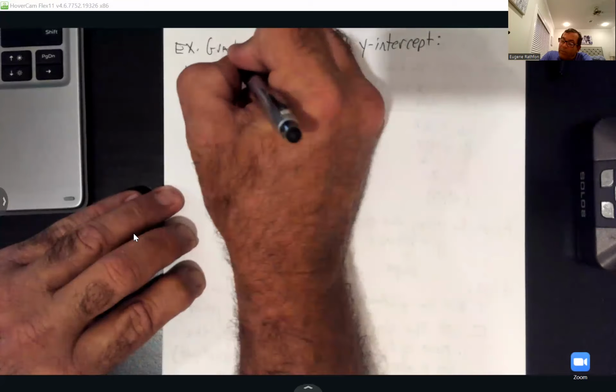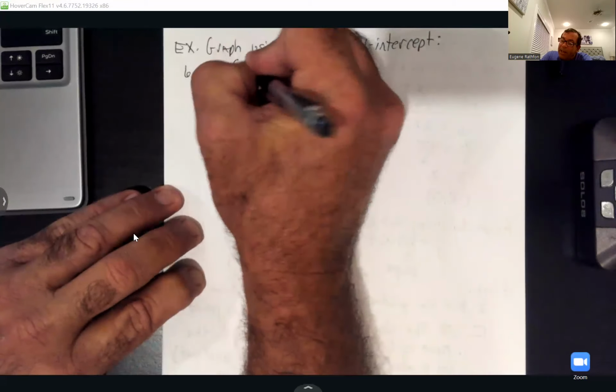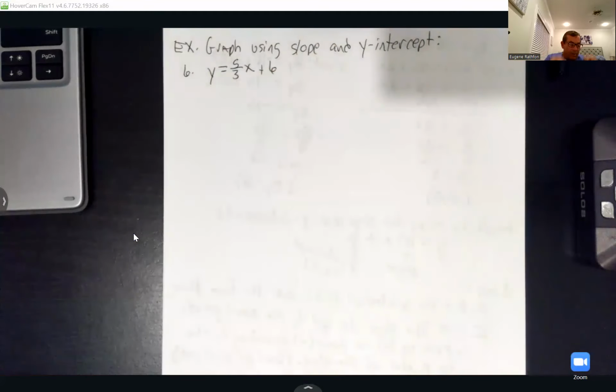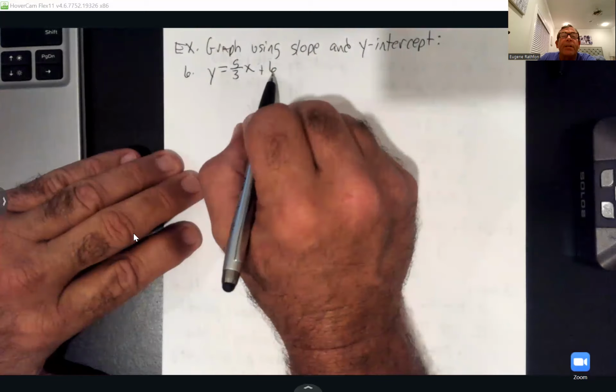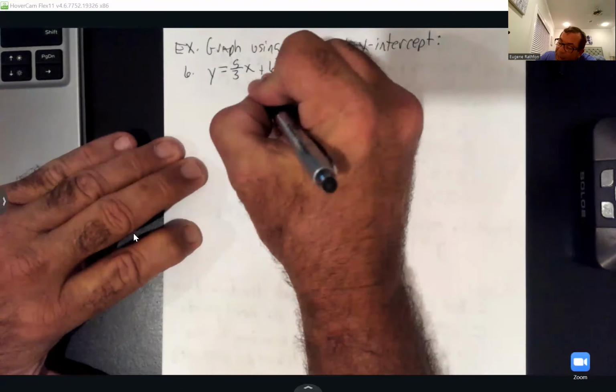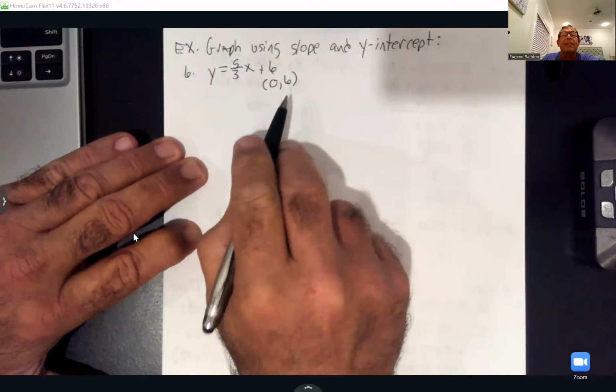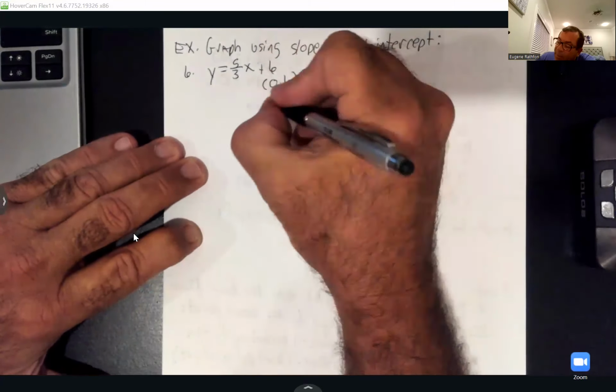Y equals 5/3 x plus 6. All right, so the y-intercept is this 6. So remember, that is really 0, 6. That is our y-intercept.